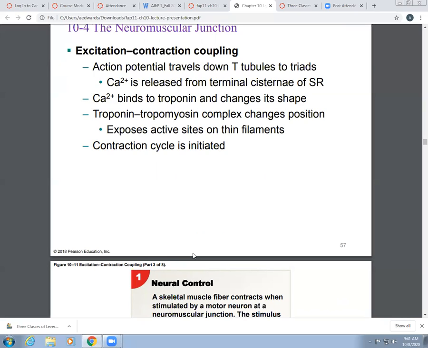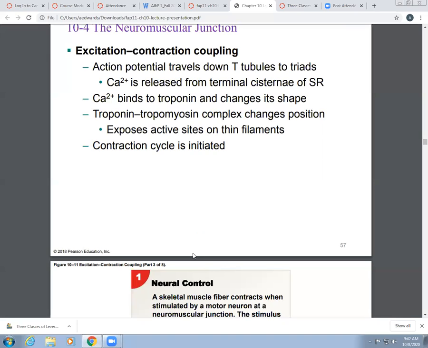Like we just learned, you get an action potential once the acetylcholine makes the sodium rush into the skeletal muscle fiber. Now, that action potential is then going to travel down the T tubules to the triads. Remember, the triads are essentially the T tubule and the terminal cisternae on either side.